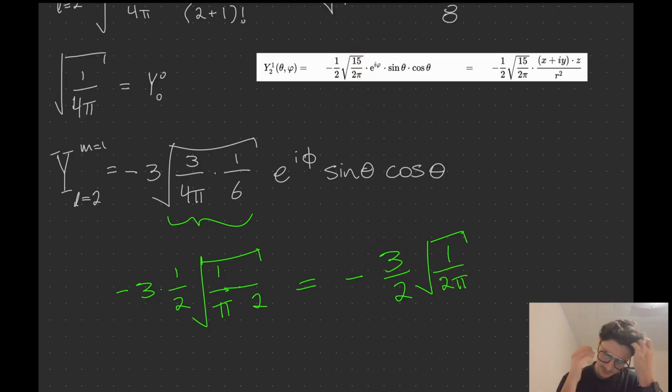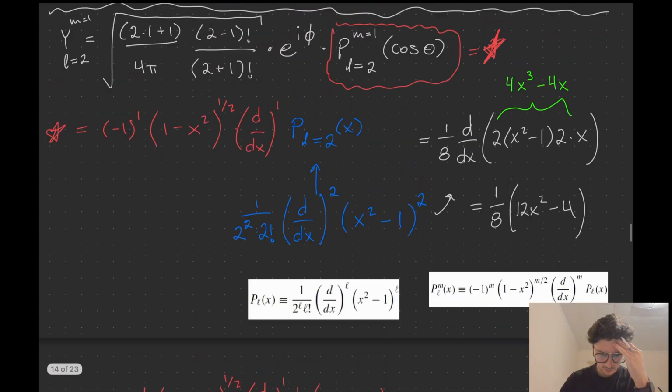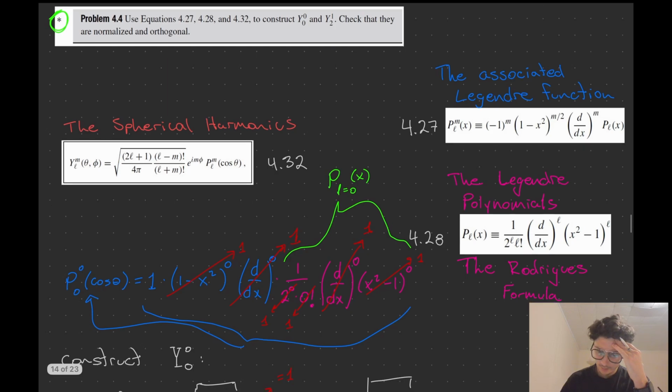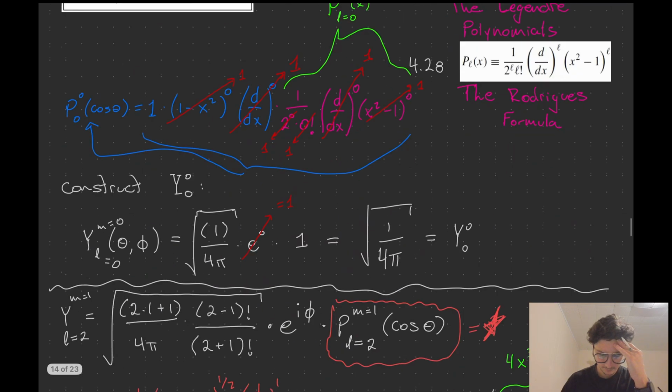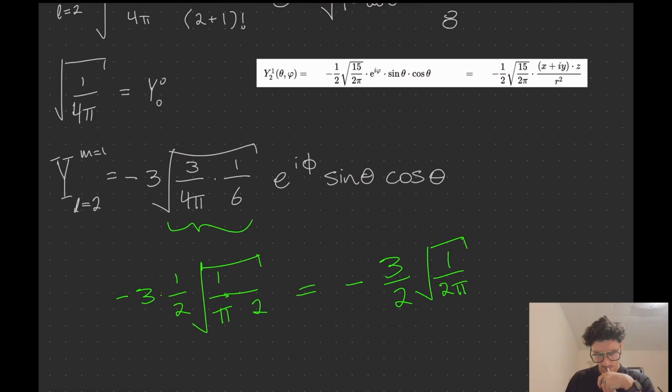How do we get a 15? Square root of 15. Wait, could I not have pulled something out? Oh wait, maybe I forgot a factorial. Let me check. 2L plus 1. Boy, where's this 15 coming from? Are you guys sure it's 15? Maybe I pulled something out that is not allowed to be pulled out.